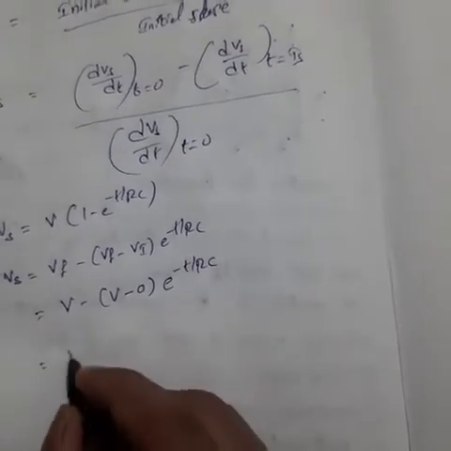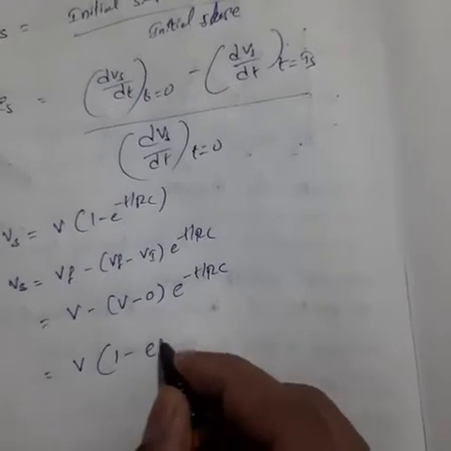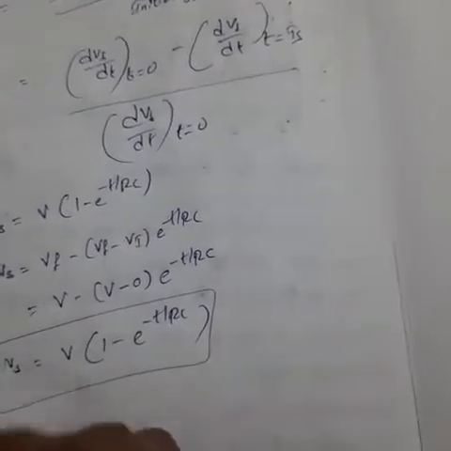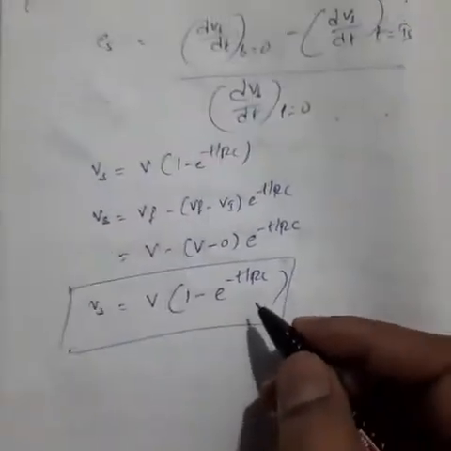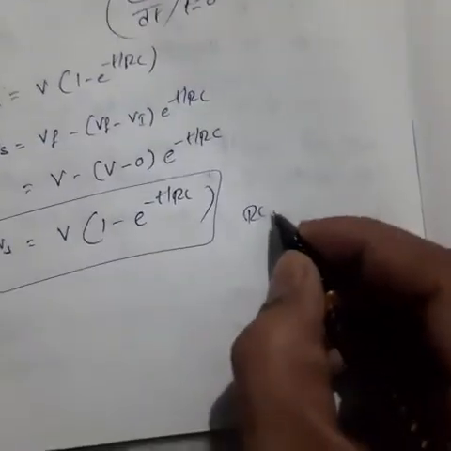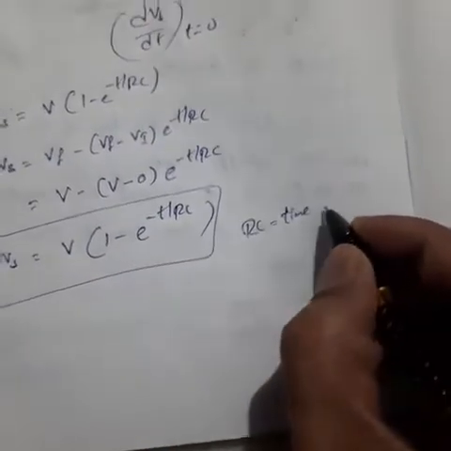Then V is common, so V into 1 minus e power minus t by RC. This is the exponential waveform equation, where RC is called the time constant.